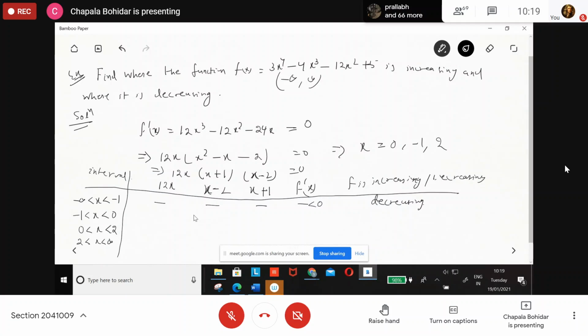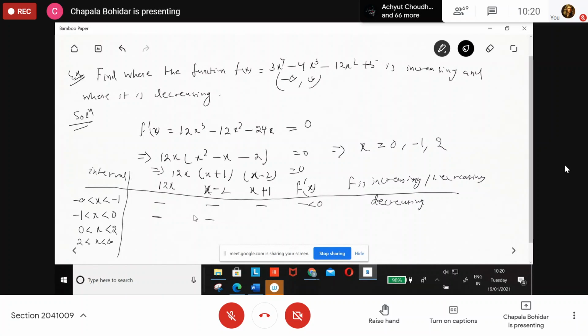Similarly, minus 1 to 0. On that interval, what do we get? The first one is negative, the second one negative, then the third one positive.